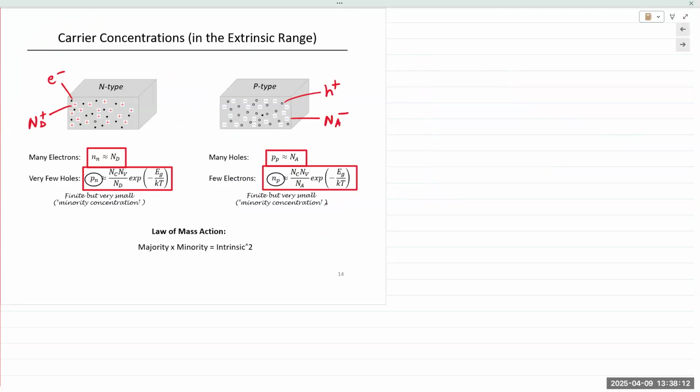And every electron that breaks its bond leaves behind a hole, right? Electrons have negative charge, holes have positive charge. So an electron that leaves its spot and the hole that it leaves behind is known as an electron-hole pair. And that electron-hole pair is noted by Ni, the intrinsically generated number of electrons.